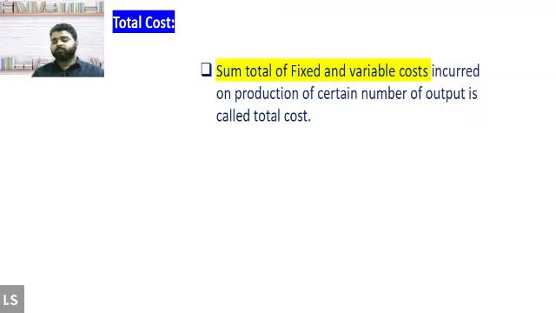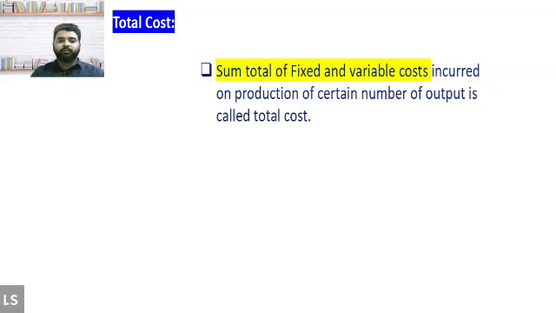Let's suppose I am manufacturing a water bottle, and for its production, I have spent 50 rupees as fixed cost and let's suppose 70 rupees as variable cost. If I ask you what is the total amount that I have spent, you will say, sir, you have spent 50 rupees for fixed cost and 70 for variable cost, so 120 rupees for the production of this bottle.